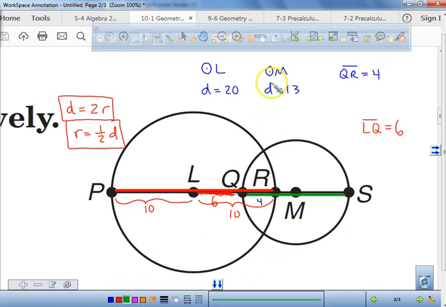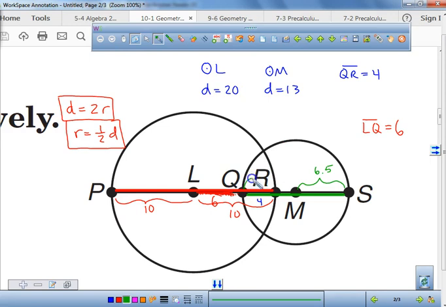Now, what is the diameter of circle M? It's 13. So what's this distance right there? 6.5. You're right. Which means that distance right there is also a 6.5.